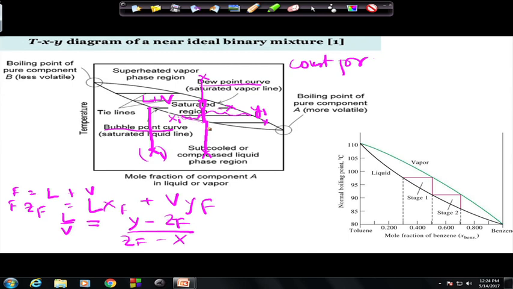So, here we find that a TXY diagram is characterized by a single phase region, a subcooled liquid region, below the bubble point curve. It is also characterized by a single phase superheated vapor region beyond the dew point curve, and a liquid vapor region between the bubble point curve and the dew point curve.